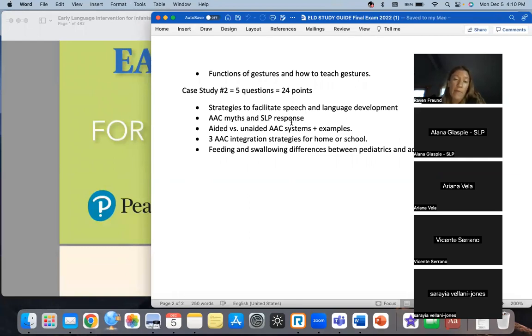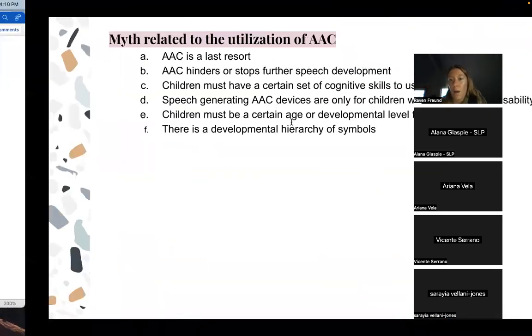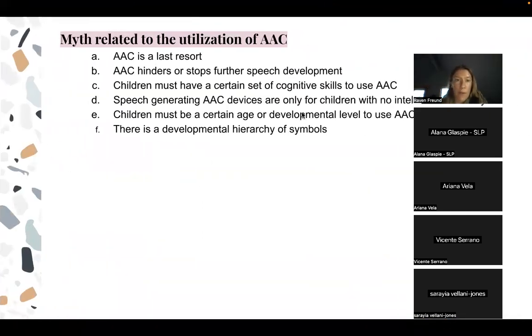So for that, if I'm recalling the final correctly, you just want to make sure that you know how you would respond as the SLP if someone came to you believing one of these myths regarding AAC. But overall, just know that AAC supports language. There's a million studies that show that. It supports language and it can foster more language development in comparison to not using AAC at all.